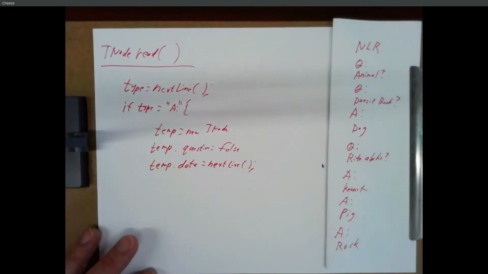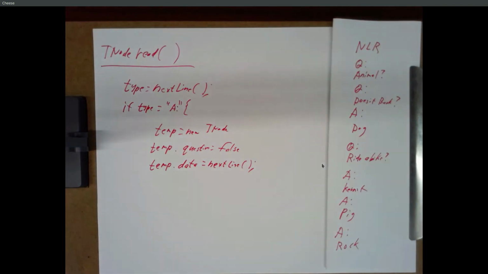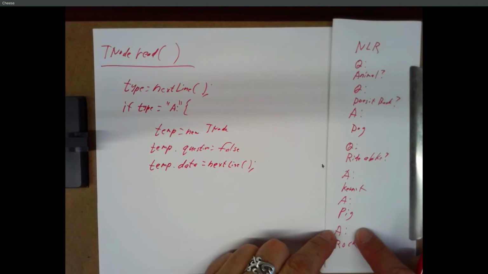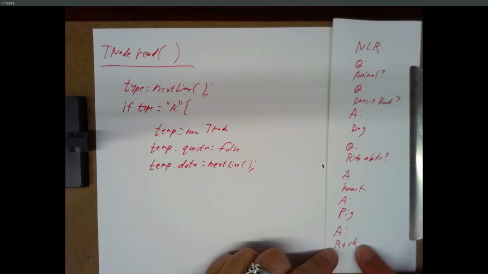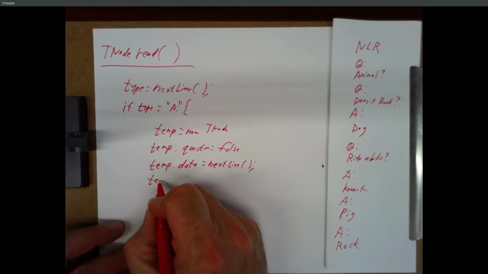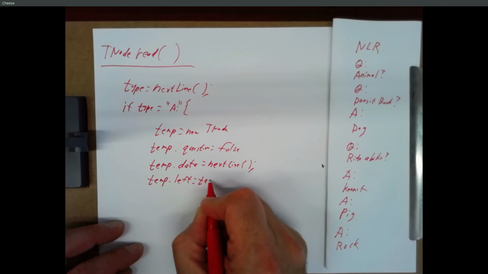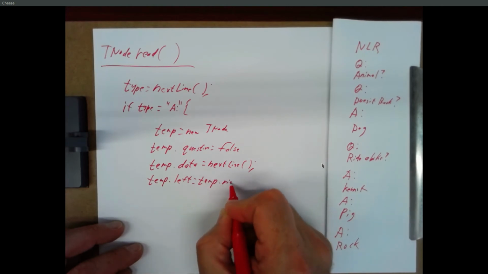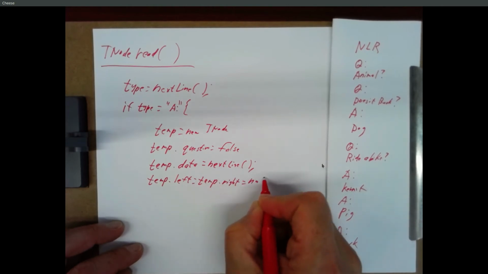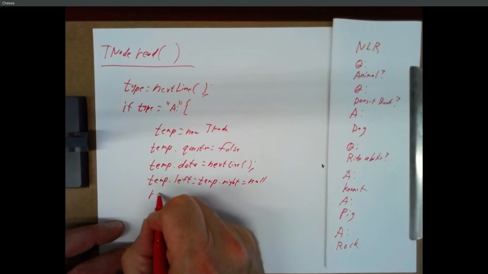Read the next line, and that becomes the node's data value. So if we were right here at rock, we would have read this in. The next line would return rock, so this temp node's data value is rock. And then it has no children because it's an answer. And then just return that node.